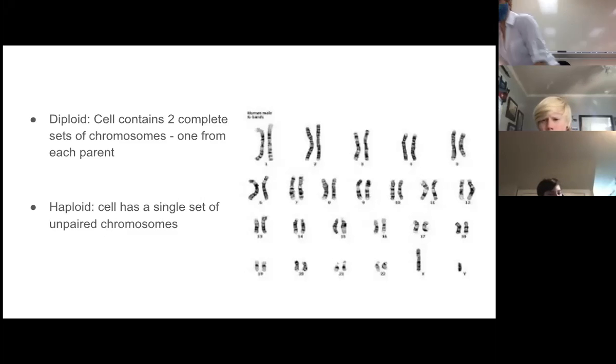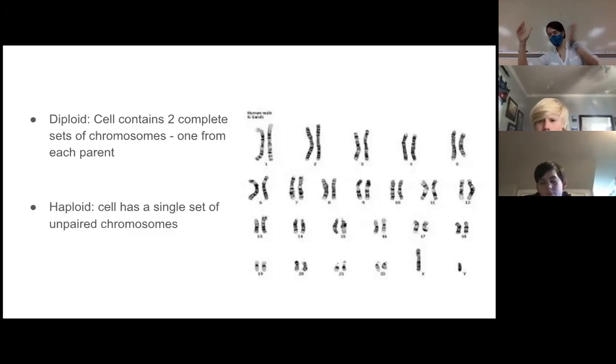All right, so meiosis. We talked about haploid and diploid cells and what that means in terms of having numbers of chromosomes. A diploid cell has a set of homologous chromosomes, one from one of your parents and one from your other parent. So a diploid cell has this homologous chromosome with this homologous chromosome.